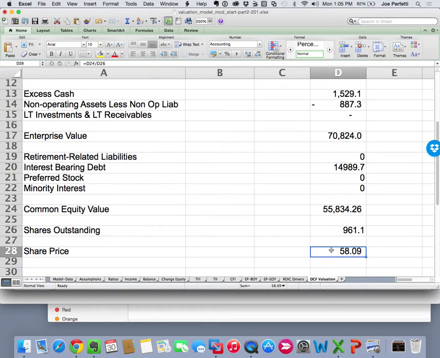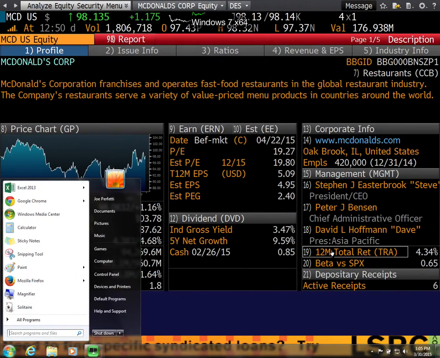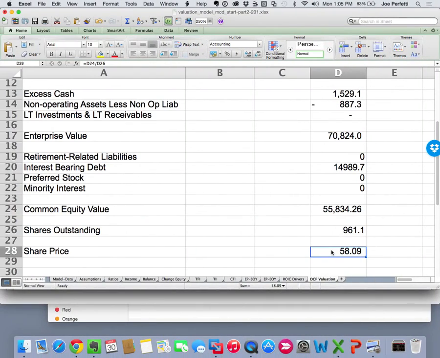So at about $60 a share right now. And oh, by the way, McDonald's today is trading at 98. So obviously the market's a little bit more optimistic than what our spreadsheet is initially saying.